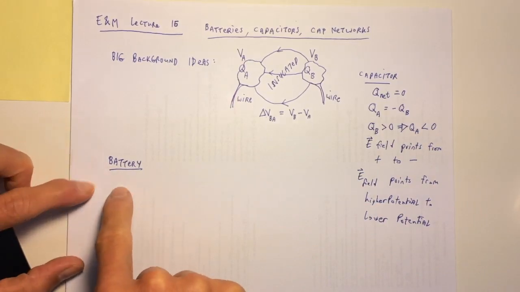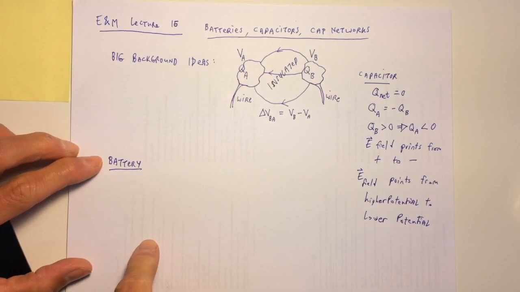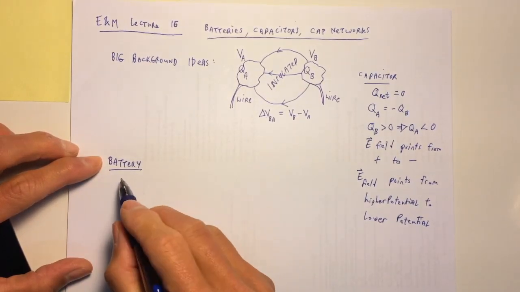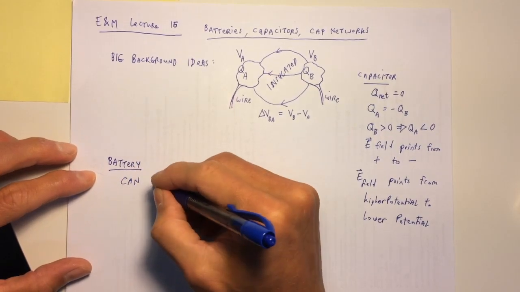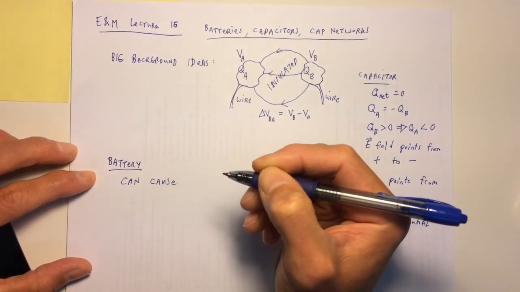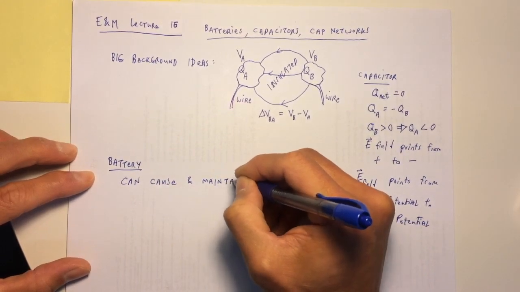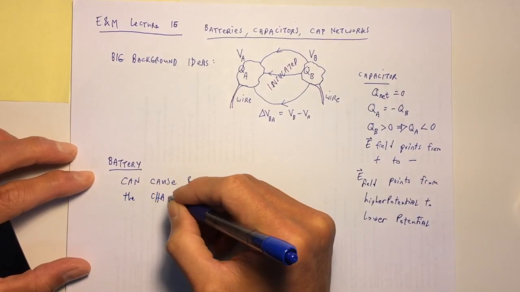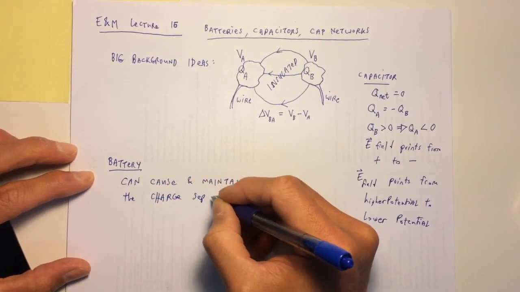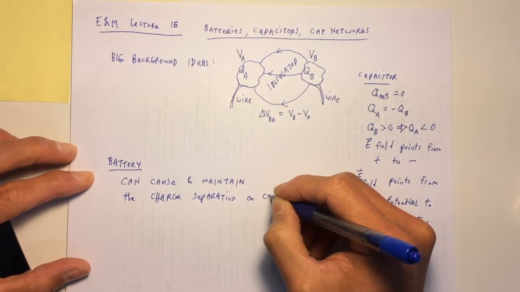And one of the ways that I can cause that to happen is by using a battery. Batteries can cause and maintain tirelessly the charge separation on capacitors.